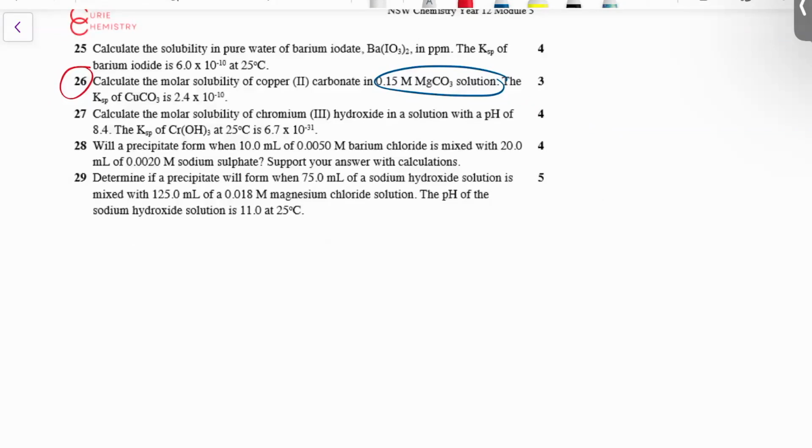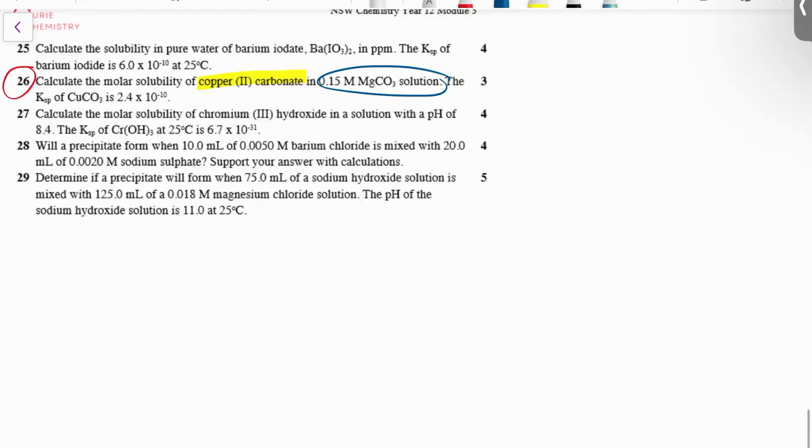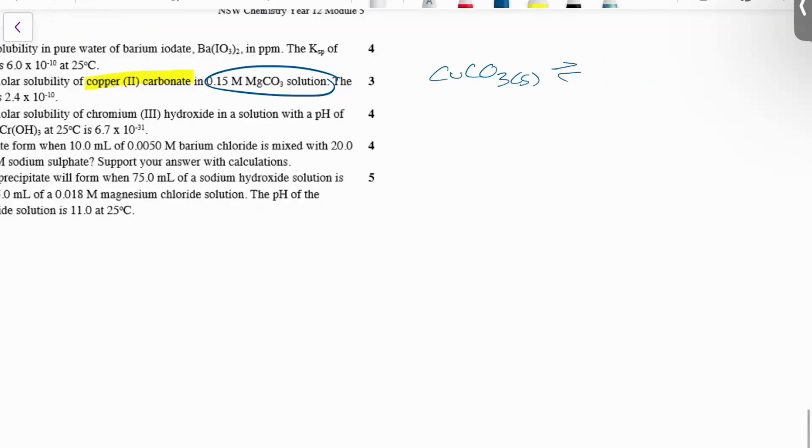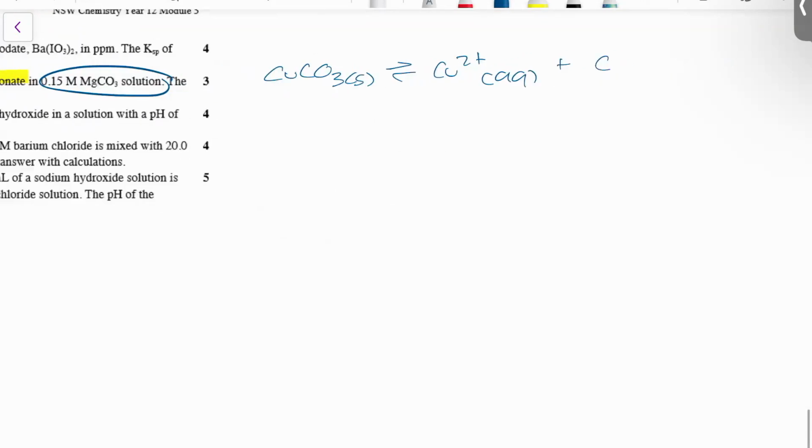I emphasize it's for the compound that you're dissolving, not the ionic compound that's in the solution. You're getting asked for the solubility of copper 2 carbonate, so I'm writing the equation for copper 2 carbonate, not for magnesium carbonate. Copper 2 carbonate is CuCO3 solid, turns into Cu2+ aqueous plus CO3 2- aqueous.